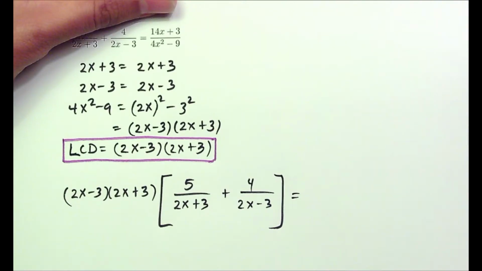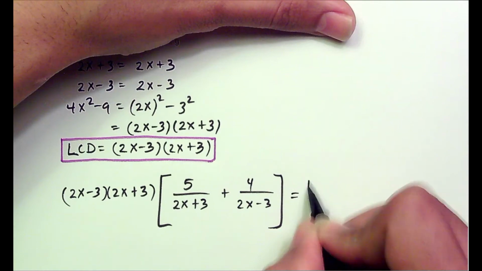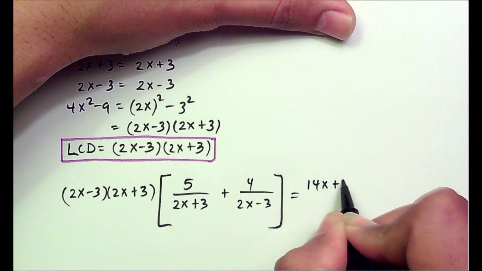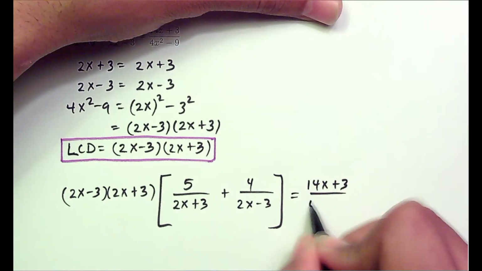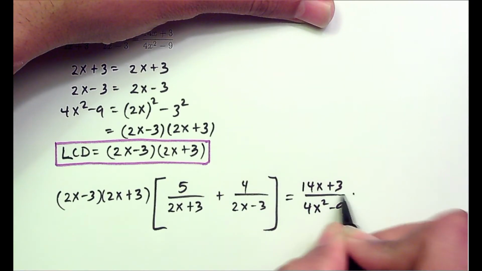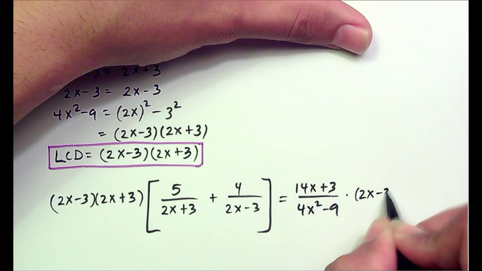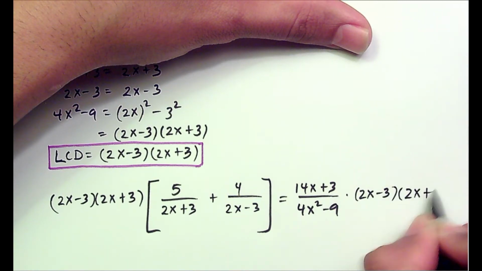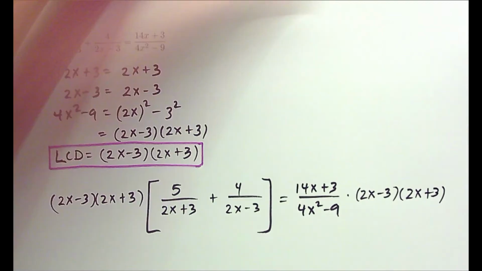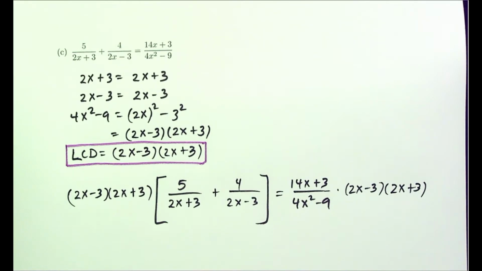So I'm just writing it once, and then we know we have to distribute, and we'll do it that way because otherwise it's not going to fit. Okay, and then you multiply also the right hand side by the LCD. So 2x minus 3, 2x plus 3. Okay, so that's what we have.